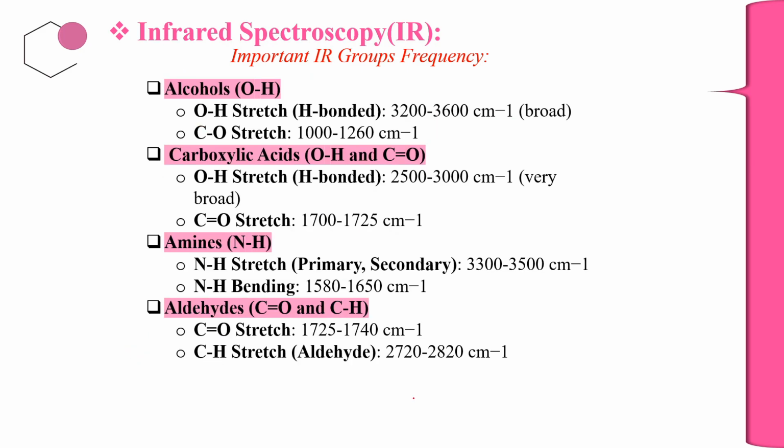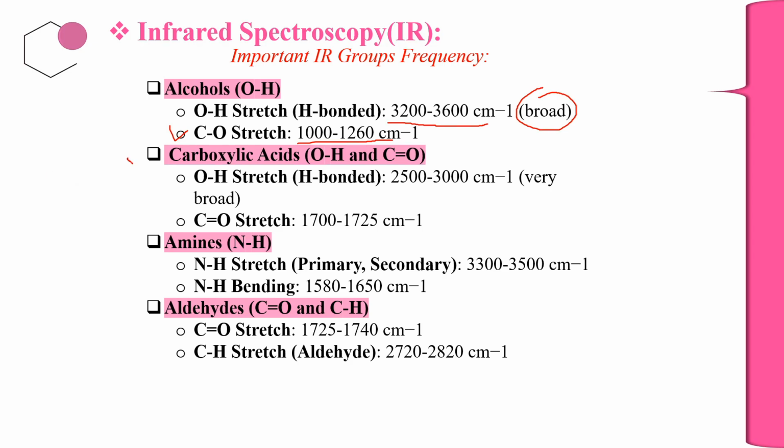Also, let us talk about the stretching frequencies of some other functional groups. For alcohol, the O-H stretch is 3200 to 3600 centimeter inverse, and it is broad. Basically, hydrogen bonded OH is broad, otherwise it will be a sharp peak. I will discuss that in the next lectures. Next, the C-O stretch in alcohol is 1000 to 1260 centimeter inverse.